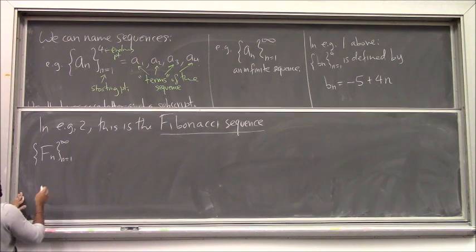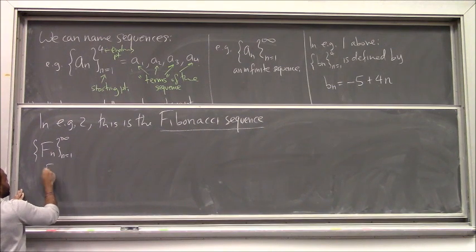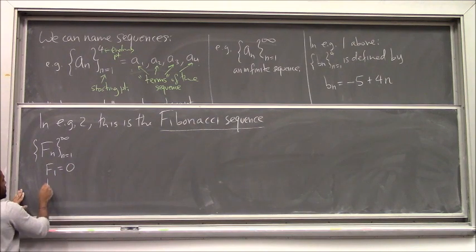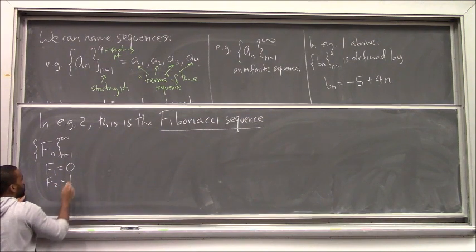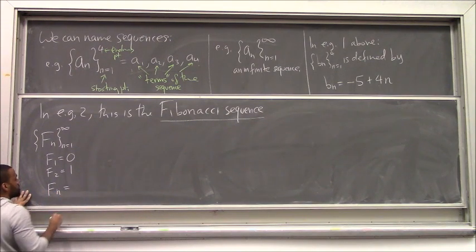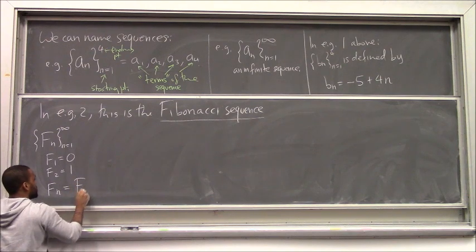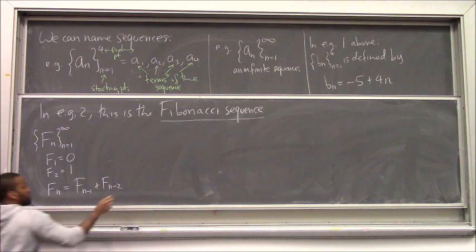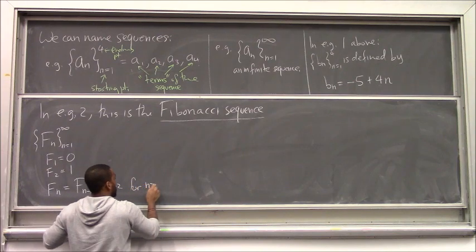How it would be defined is they'll tell you the first member is 0, then the second member is 1, and then all new members are generated by adding the 2 previous members. So it's f_n = f_(n-1) + f_(n-2) for n greater than or equal to 3.